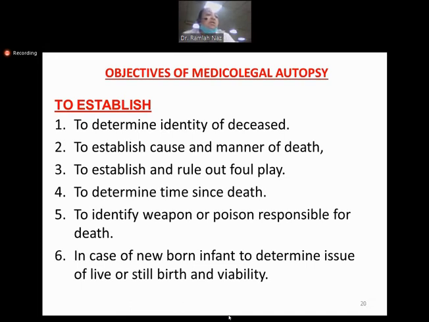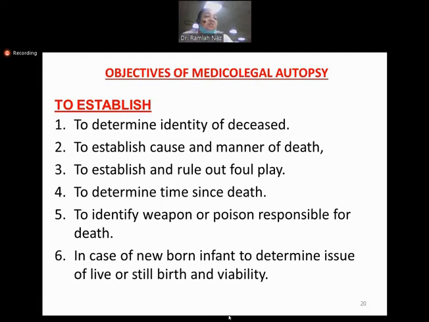Now we come to the aims and objectives of the medico-legal autopsy. The first is to determine the identity of the deceased, because, as I told you, sometimes we get an unknown body and we never know where it is coming from. Then to establish the cause and manner of the death.